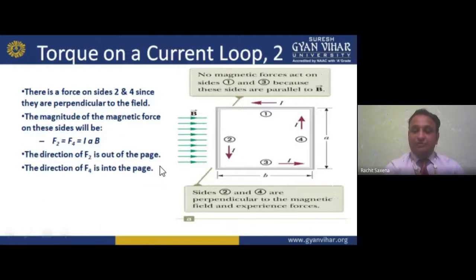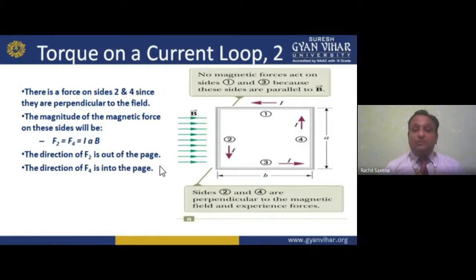Now move forward. Now, torque on a current loop. I am taking the second condition in that same diagram. So there is a force on sides 2 and 4.